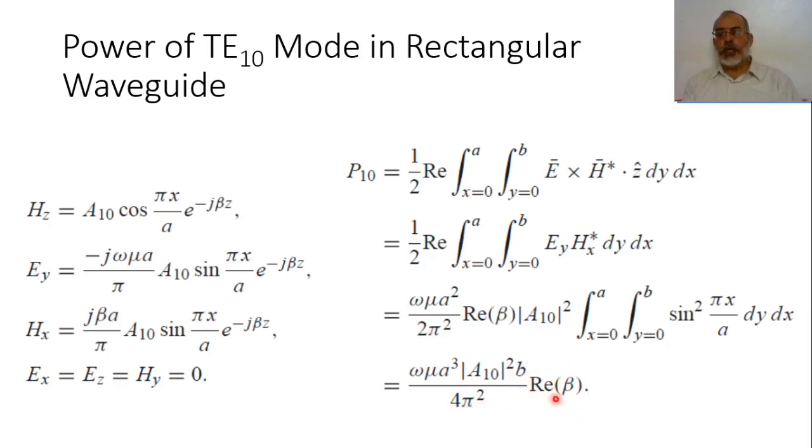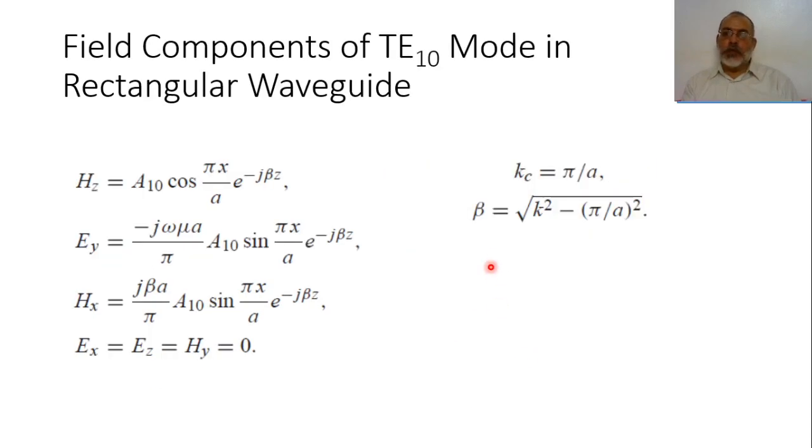So if beta is real, the power will be transferred. If beta is imaginary, the power will be stopped. So in other words, beta here is the square root of k squared minus kc squared. If k is greater than kc, beta would be real and the power will be transferred.